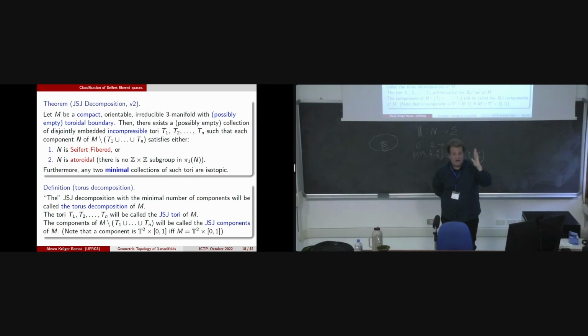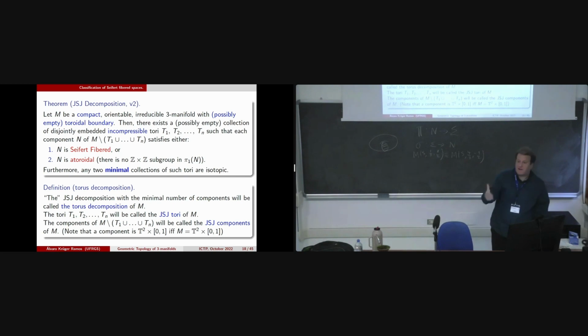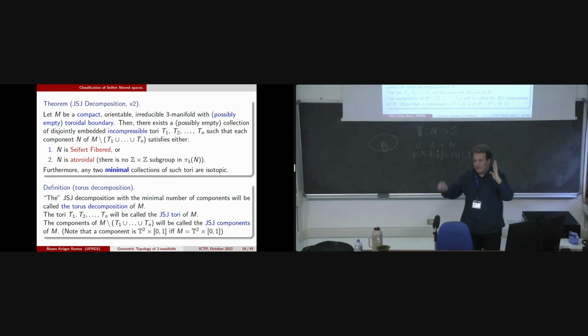And then you have, again, a JSJ decomposition, because when you glue this torus times [0,1] to anything, you don't change the topology. This is basically the same as an identity element for the connected sum. This makes the new identity element of this connected sum by tori. If you have a torus interval, you glue it to the next one, it doesn't change the next one. So this component is a redundancy. So it doesn't appear in the JSJ decomposition.